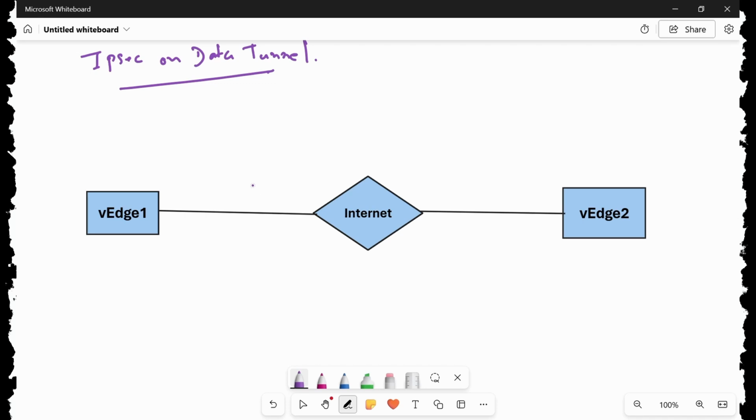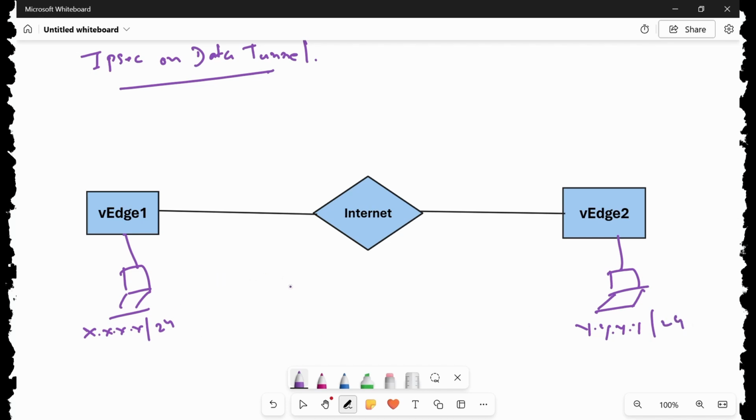Let's suppose I have a laptop here connected, and it has some IP address x.x.x.x/24, and there is another laptop connected to vEdge2, which has an IP address y.y.y.y/24.